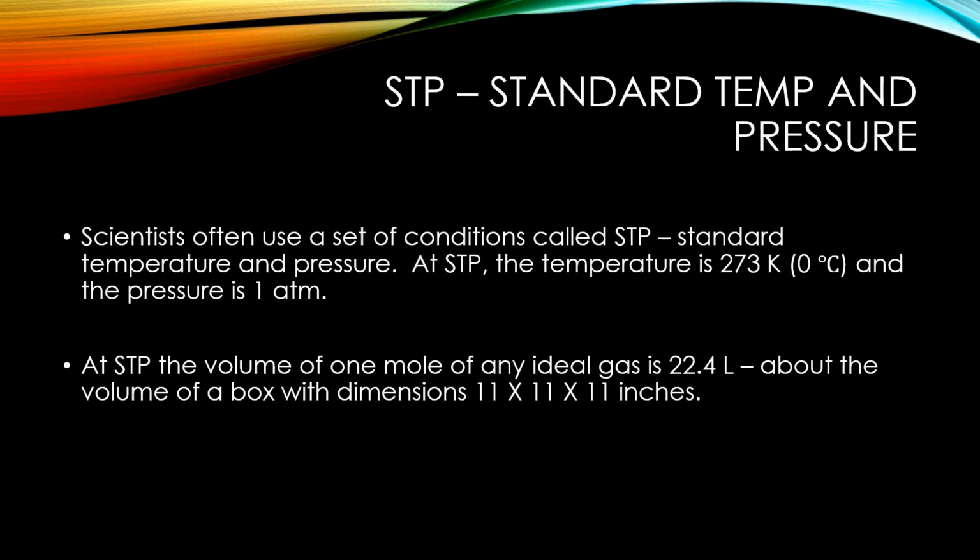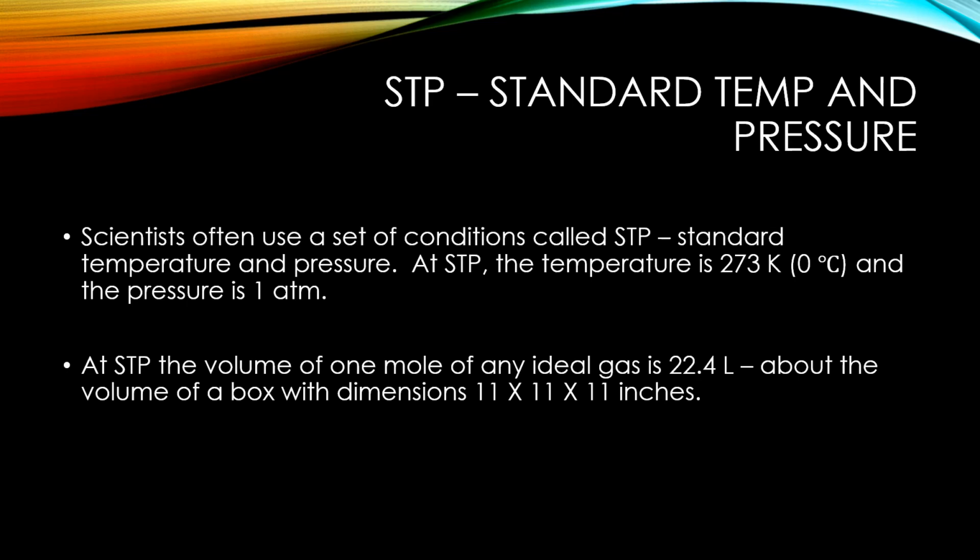Standard temperature and pressure. We call it STP. It's a set of conditions that if you tell another scientist that you studied something at STP, they will know that you were talking about having a temperature of 273 degrees Kelvin or 0 degrees C and a pressure of 1 atmosphere. Now, the physicists will call this 100 kilopascals, but 1 atmosphere is good enough for us chemists.